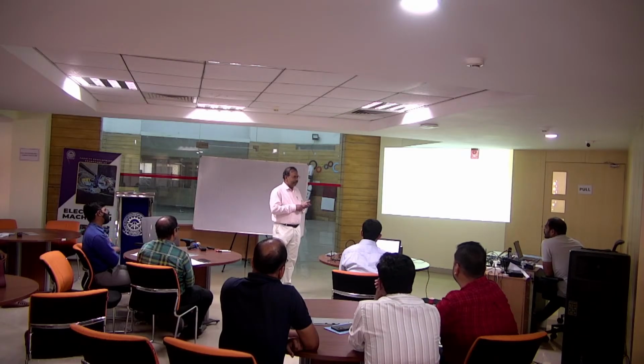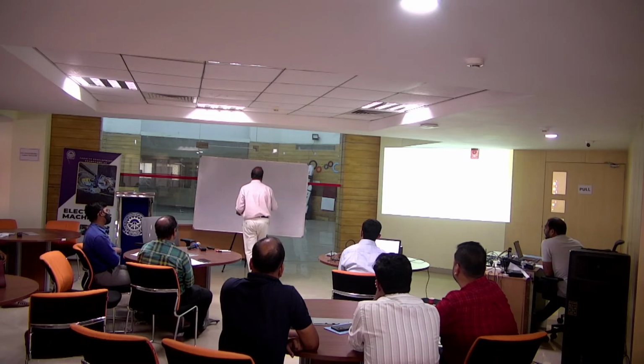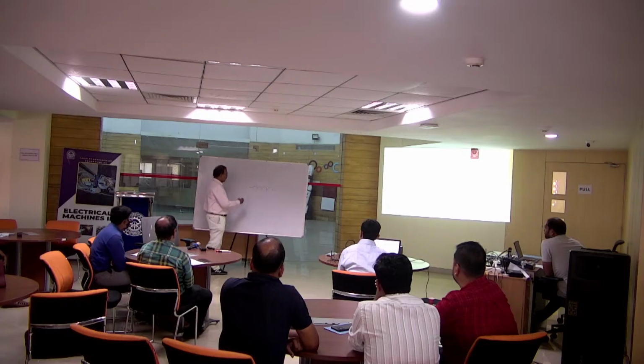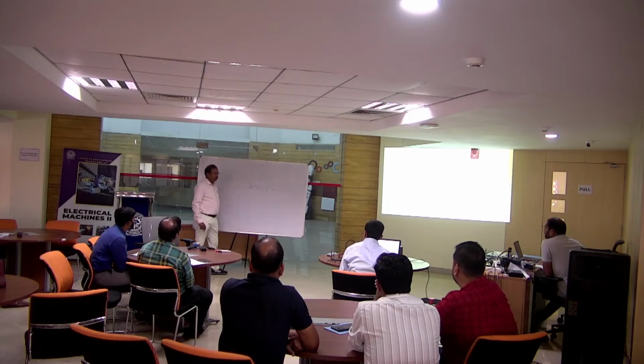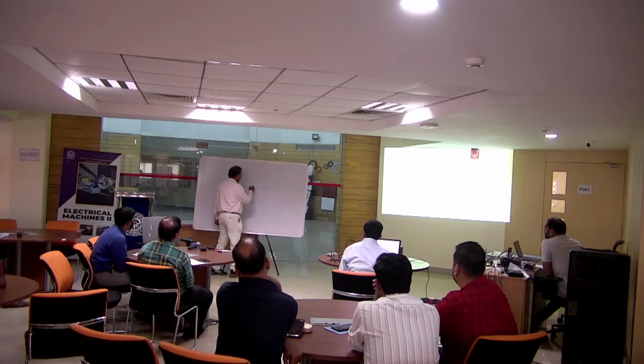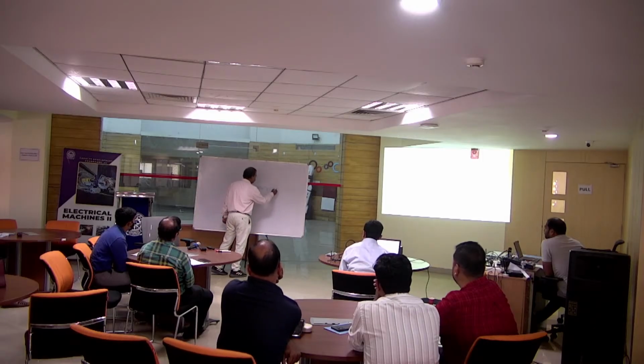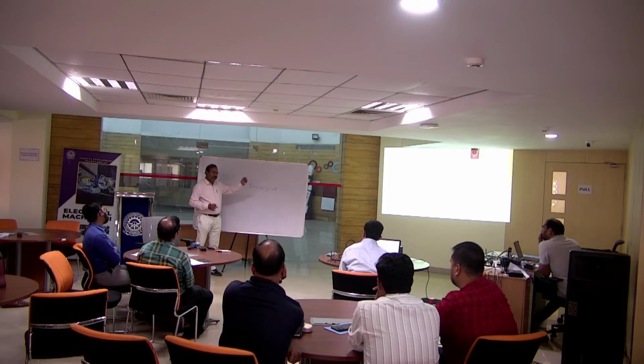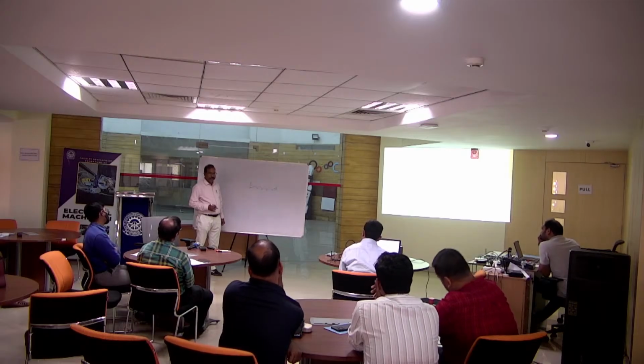When you give a single phase supply to a winding, the winding is equivalent to an inductance, and you are feeding one alternating current. So what happens? In the axis there is a flux which is alternating, varying sinusoidally. Current is I sin omega t, flux is also N I sin omega t.